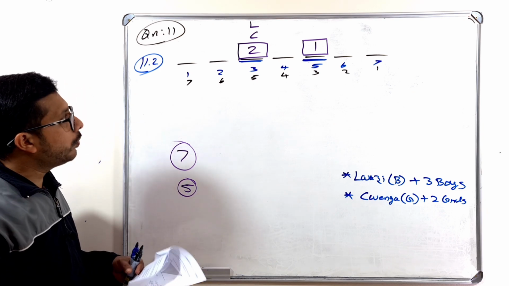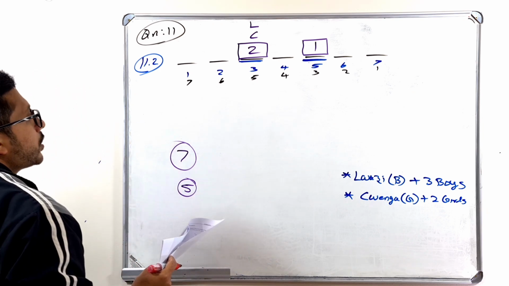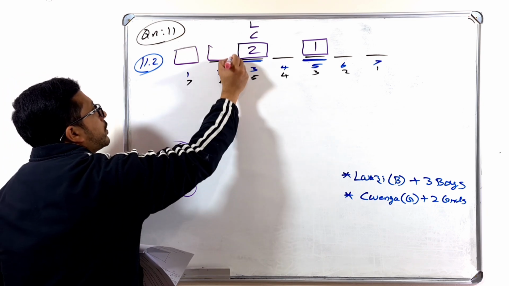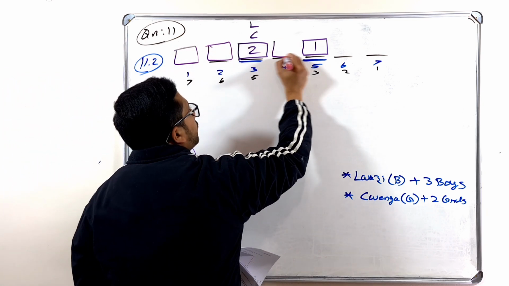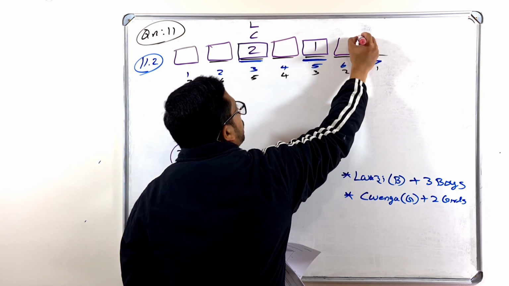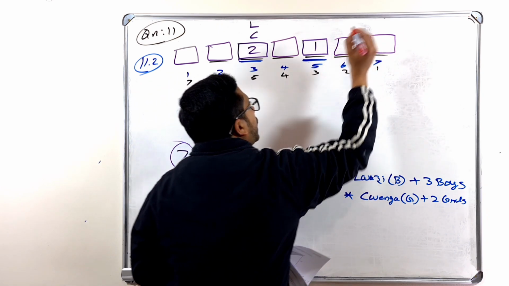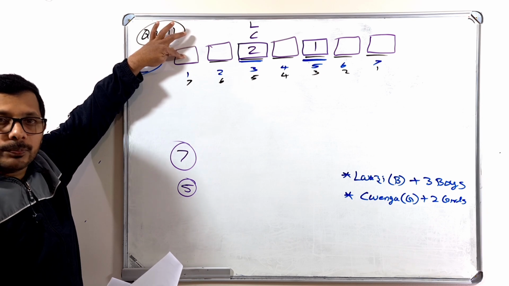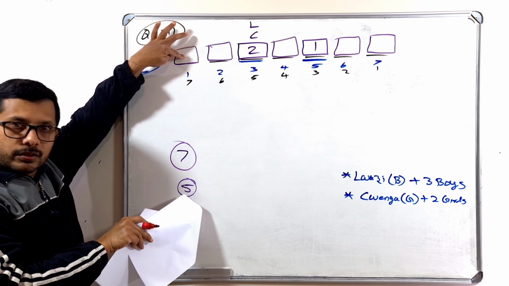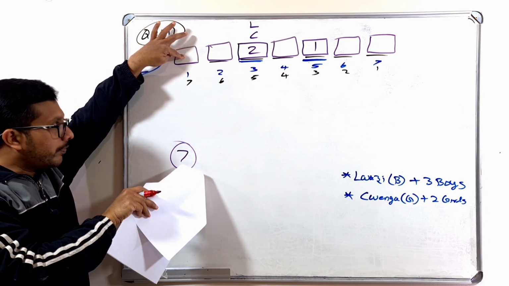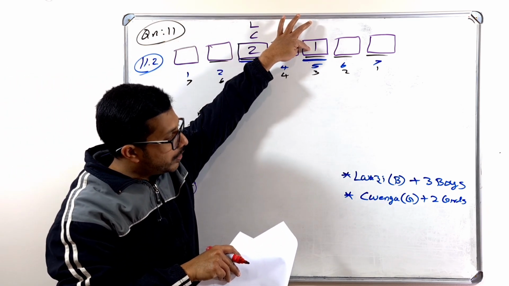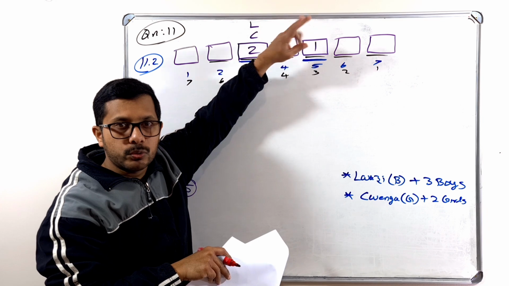Now, these are the seats. For this position to be filled, how many people are outstanding? 5 people, because out of 7, Lassie and Swenga are already seated, so 2 are gone.